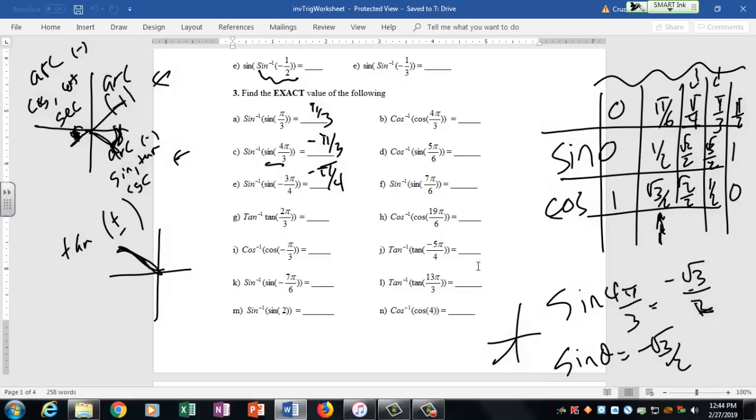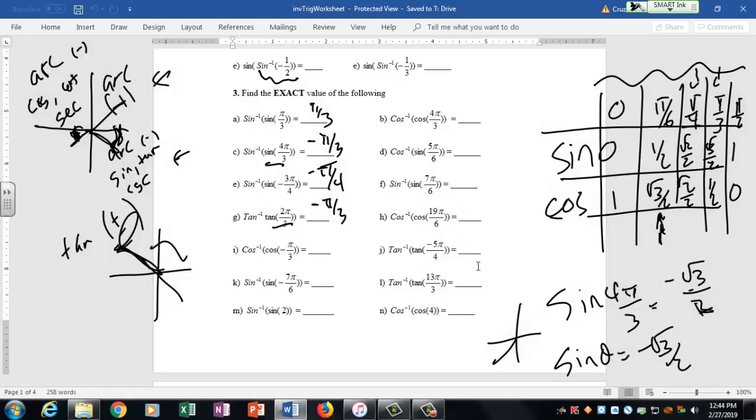But tangent does exist, and we're asking for tangent right now. So tangent does exist in quadrant 2, and it is a negative number. Do we agree? So where does the answer need to appear for arctangent? Quadrant 4. Hence the answer of negative pi over 3.